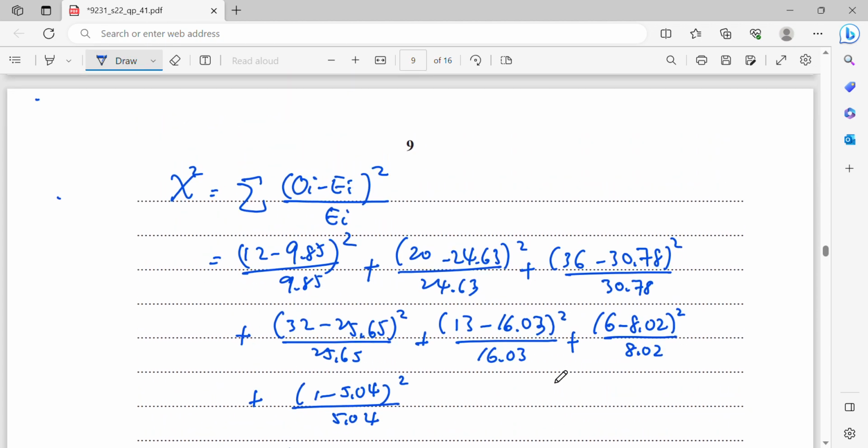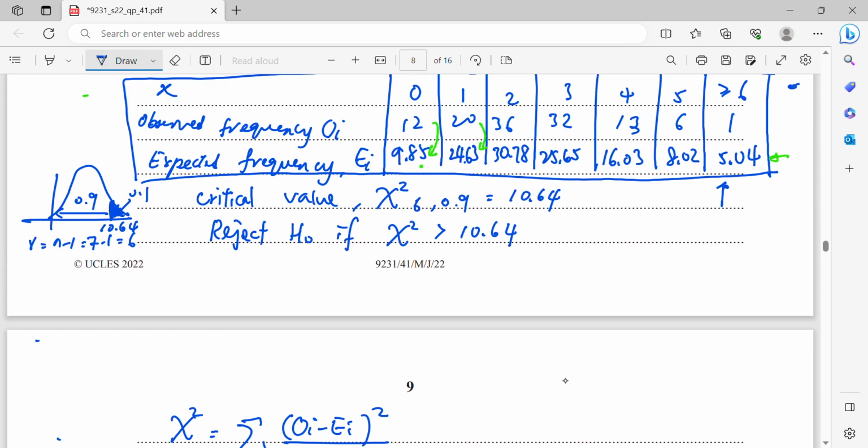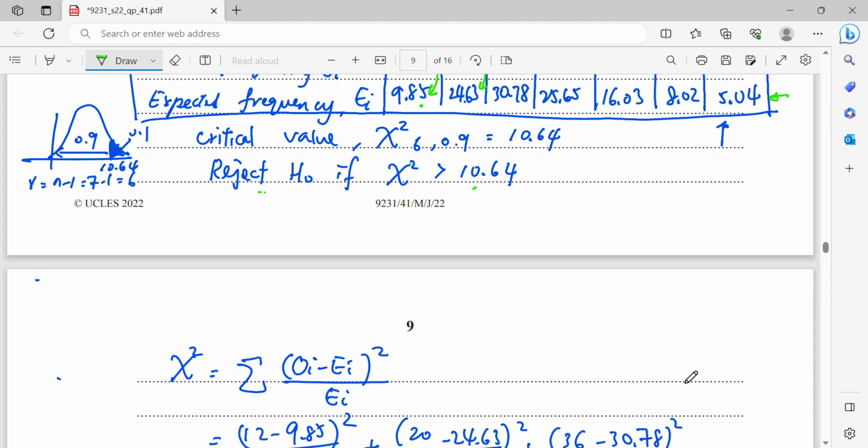Right, so now by comparing with the critical criteria, or I mean the rejection criteria, if your chi-square is greater than 10.64, then you have to reject H0. So now your calculated value is only 8.12. So 8.12 is basically outside the region.